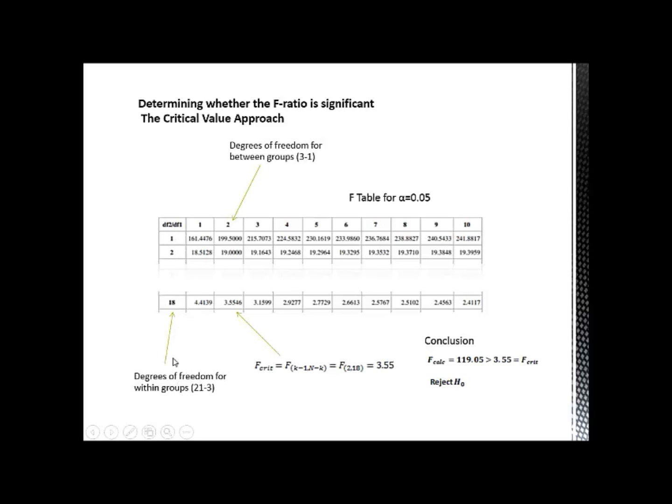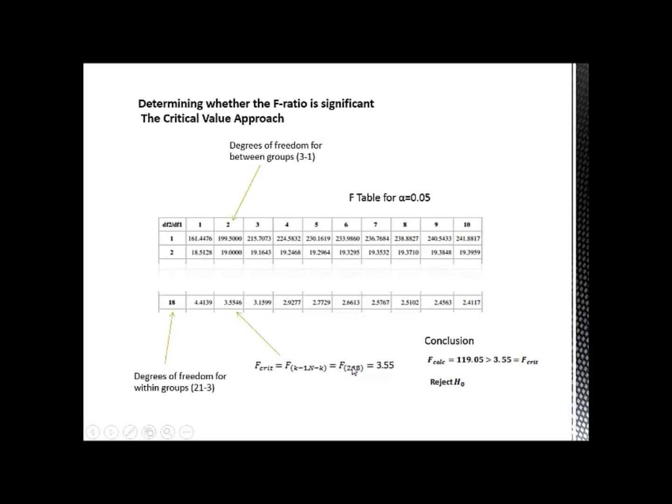So here the degrees of freedom for within groups is basically the row number, 21 minus 3, in other words n minus k, and the degrees of freedom for between groups is 3 minus 1. Basically the entry that you're interested in is where they intersect.